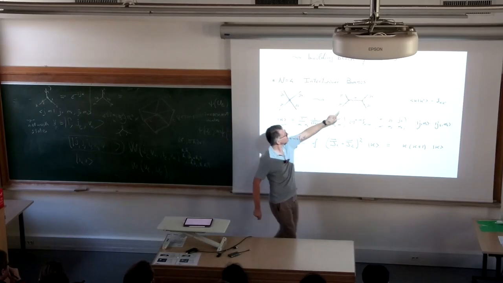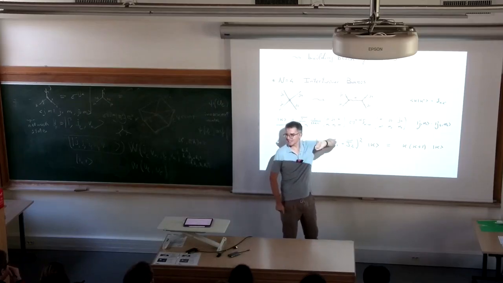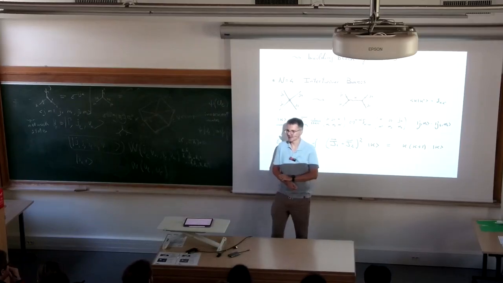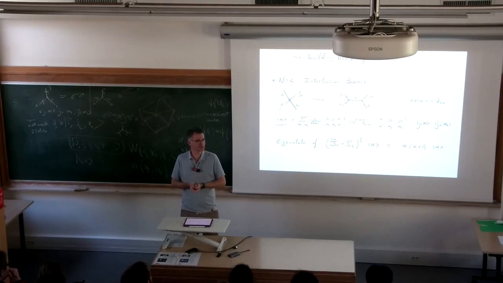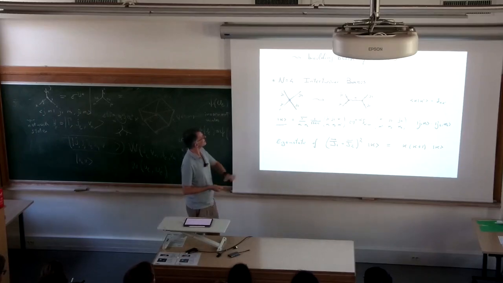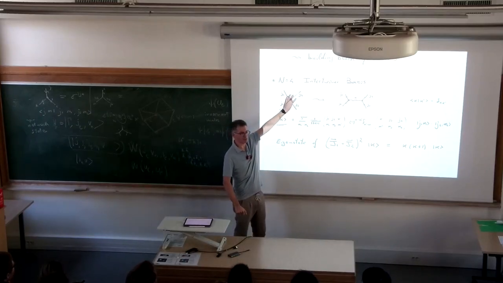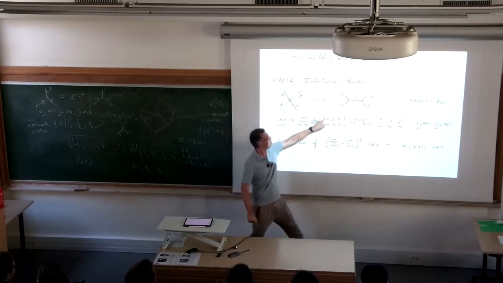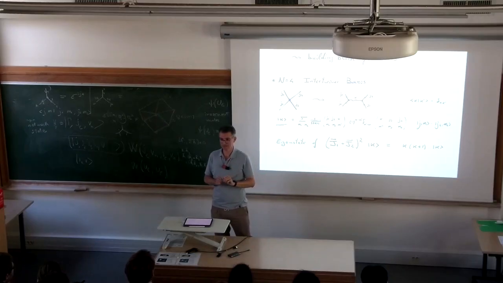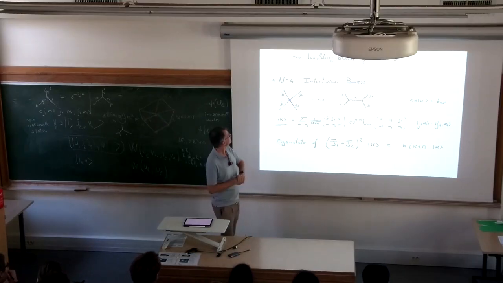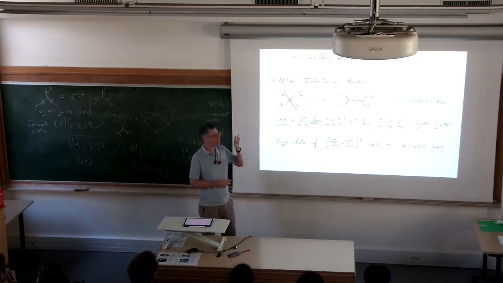By construction, this is invariant here, invariant here. Now we have a label in between. Okay? And just by illustrating it this way, you see that now this is not unique, the invariant with 4 legs. There are many that depend on this extra label, on this virtual spin. Okay? And just be careful with arrows.